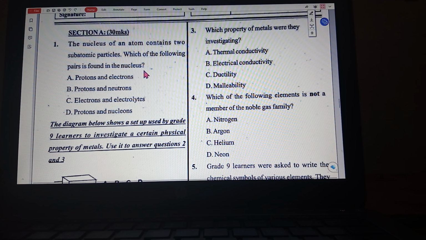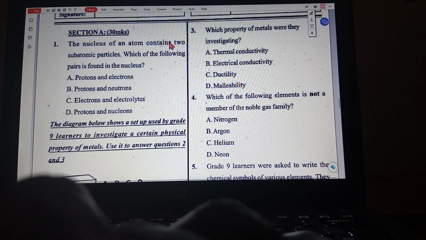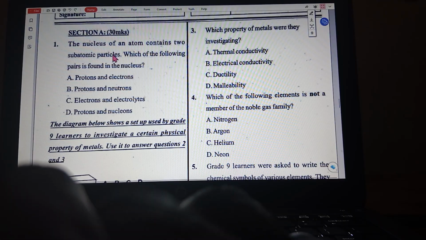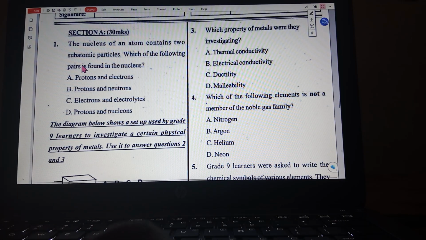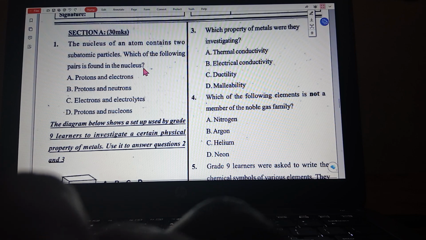Protons and neutrons are found inside the nucleus, then electrons occupy the space outside the nucleus. Now the question is very clear here. The nucleus of an atom contains two subatomic particles. Which of the following pairs is found in the nucleus?